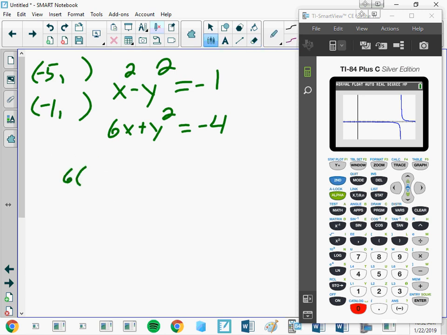So this is negative 30. So I'm going to add 30. Oh, the two values for x. Oh, we're done. We don't need to do the y's because I didn't read the equation.